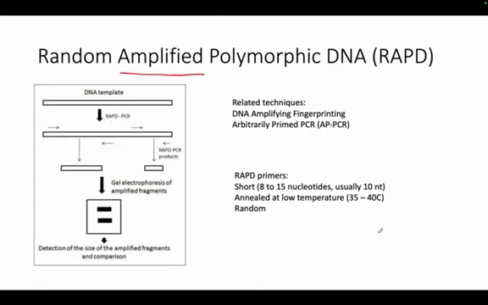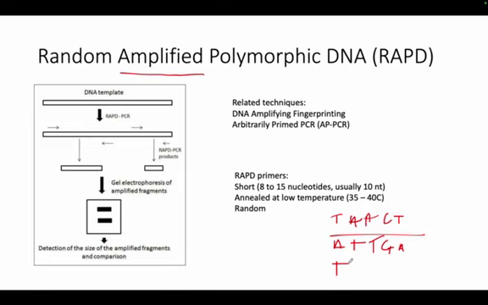And we anneal it at low temperature, so we can allow it to bind to regions which are not exactly complementary. So if I have a region which is A, T, T, G, A, the exactly complementary primer would be T, A, C, T. And if I were to anneal this at say 55 or 60 degrees, this would be the only primer that could bind.